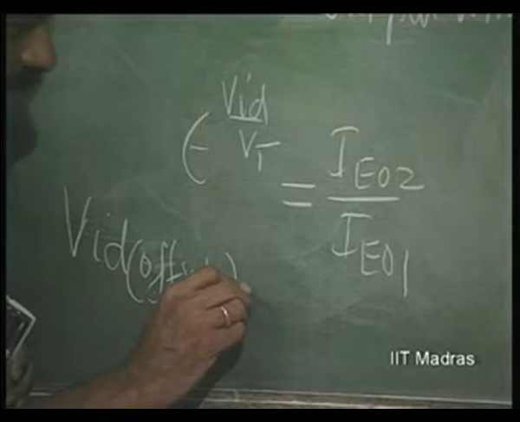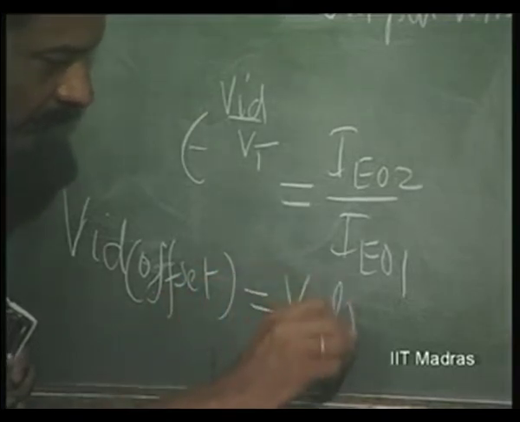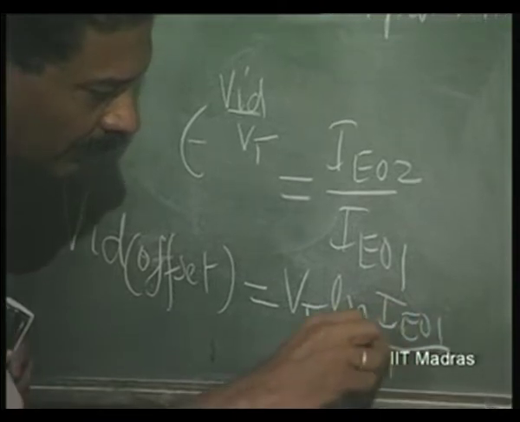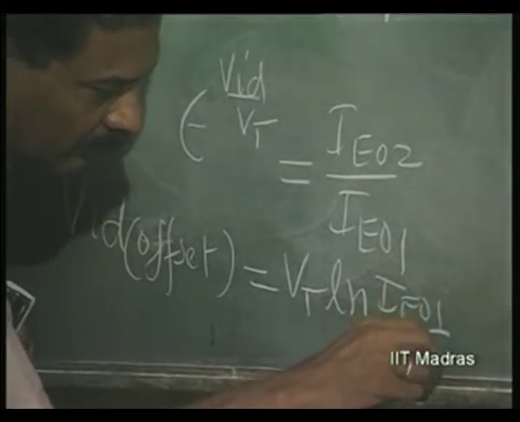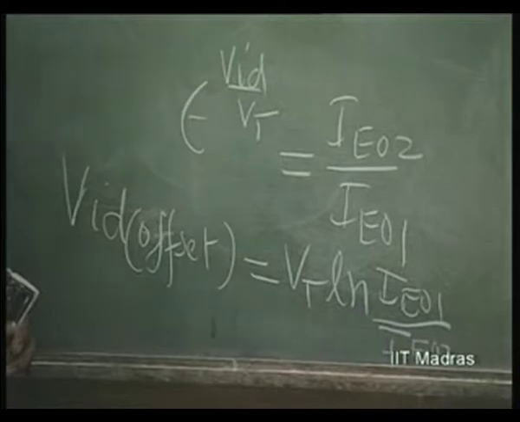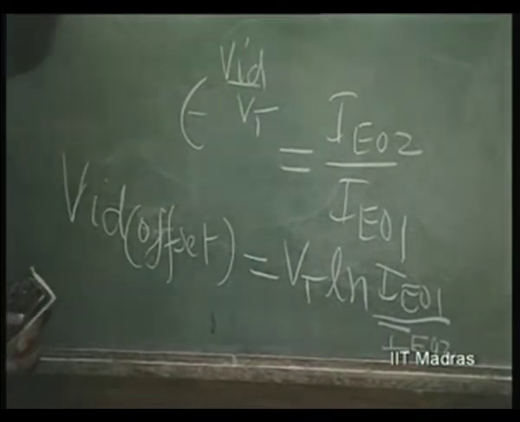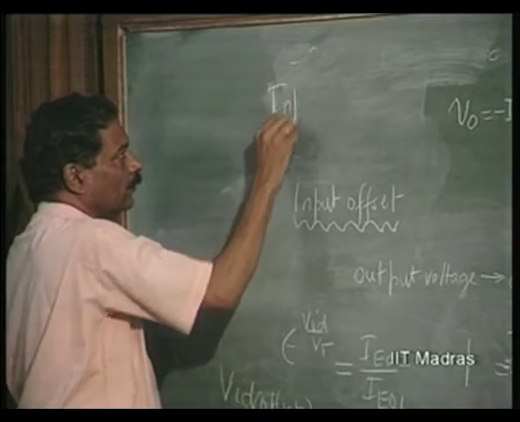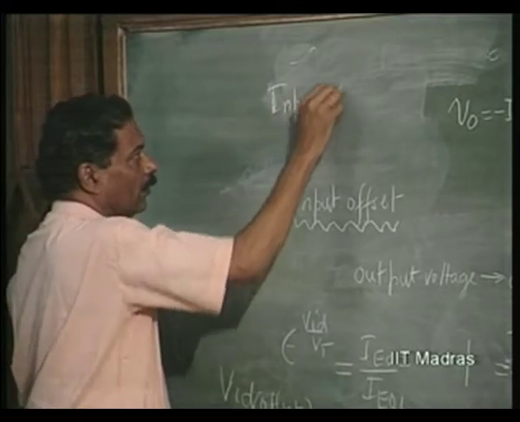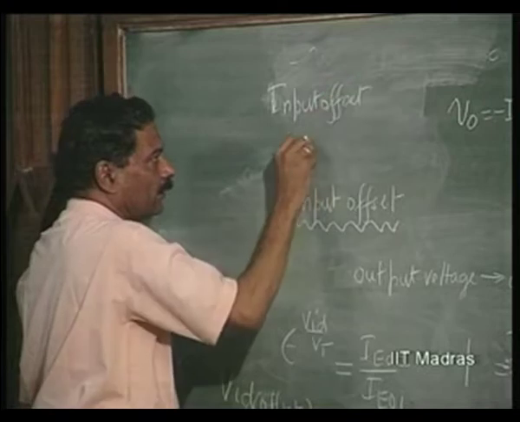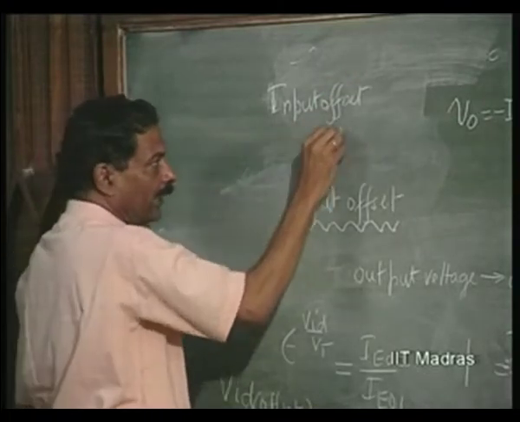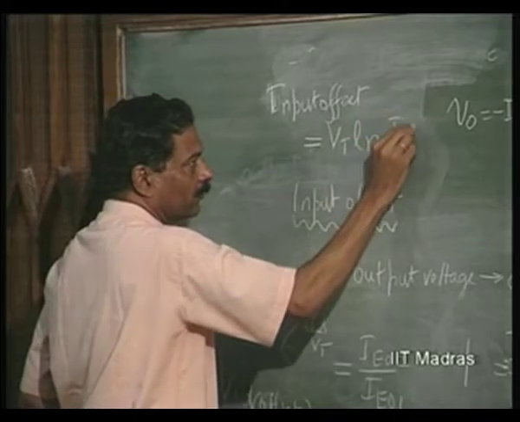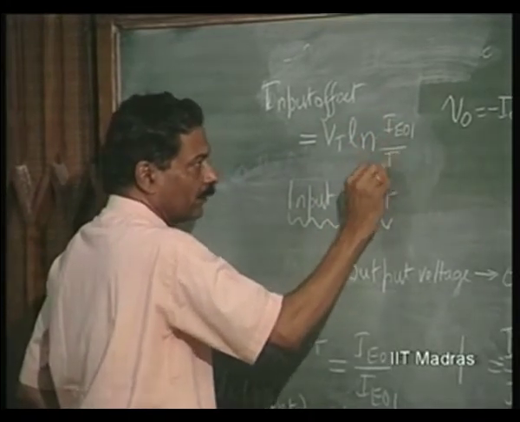So this is equal to VT log IE01 by IE02. So this is an important thing. Input offset is equal to VT log IE01 by IE02.